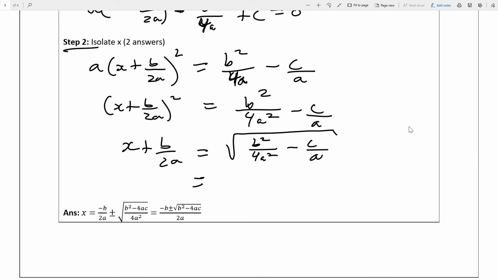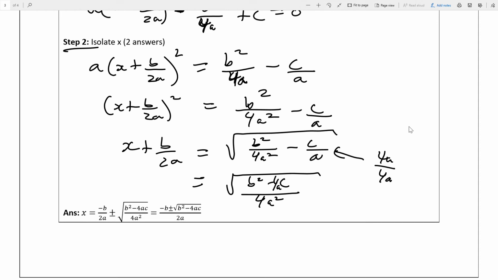Okay. Then I'm going to make this into one fraction, so I need to multiply this by 4a over 4a so we get the same denominator. So we get b squared minus 4ac over 4a squared.